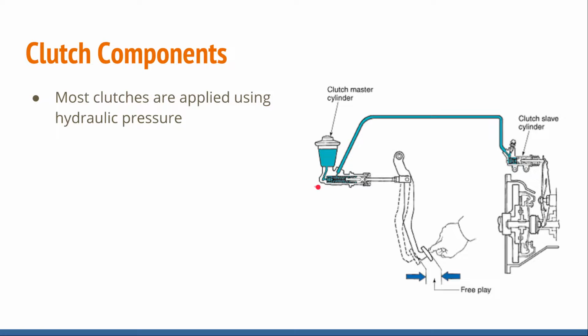That's going to be located on the firewall inside the hood. Your master cylinder has a line that runs to the slave cylinder. So what you're doing basically is you're moving a piston in here. The piston pushes fluid and moves another piston in here. So in turn, you're just transferring energy from here to right here to move the lever, disengage the clutch.